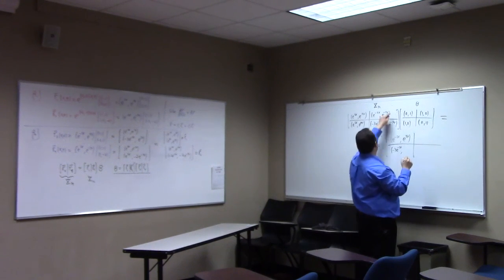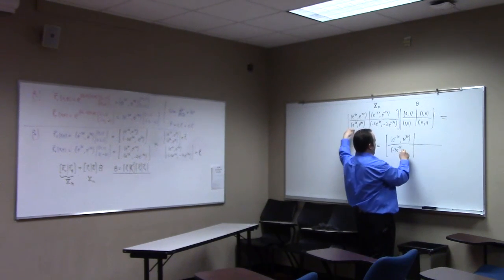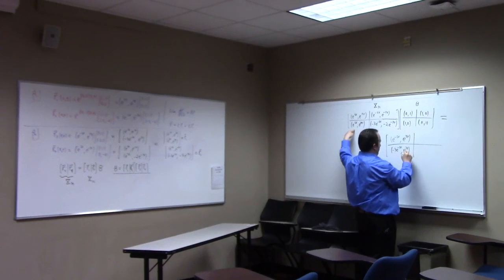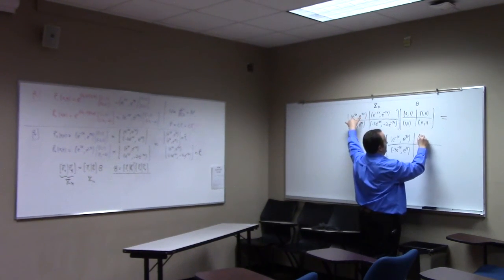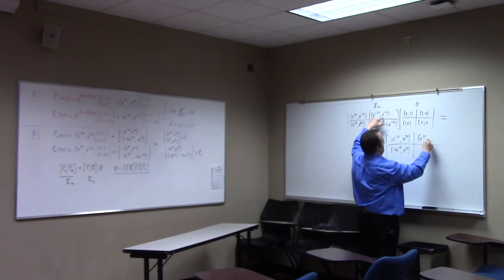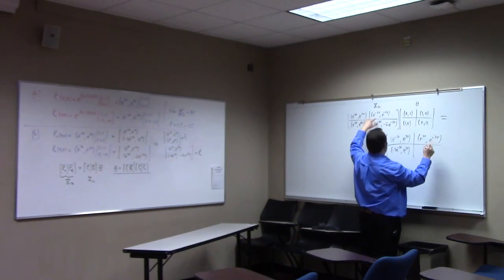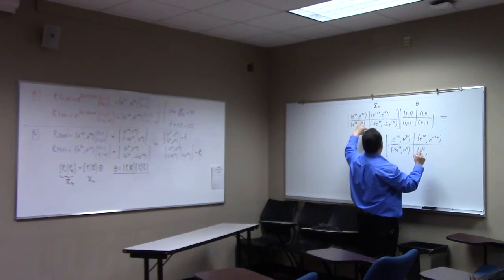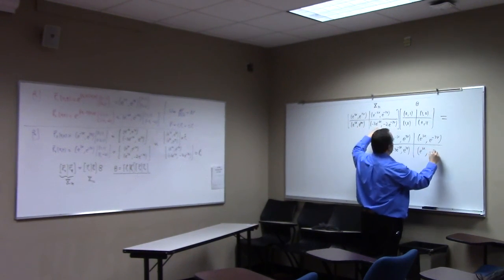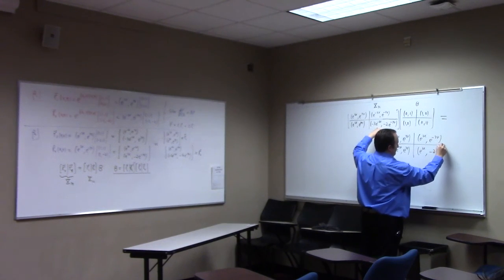And then this times that picks me up that e to the 3y. Then here it gives me an e to the 2x, e to the minus 3y, and e to the 2x minus 2 e to the minus 3y.